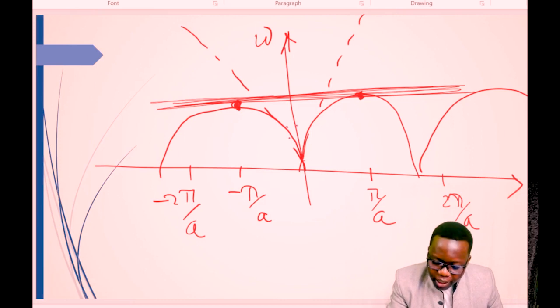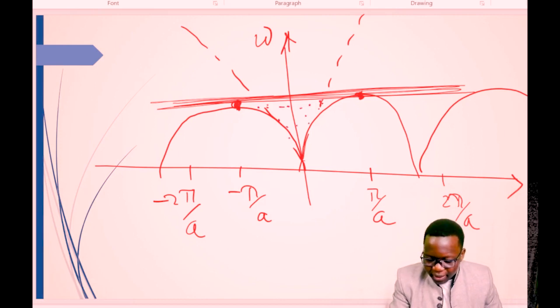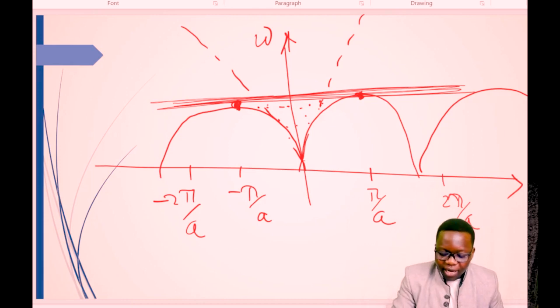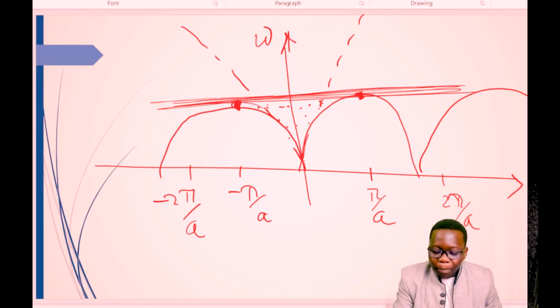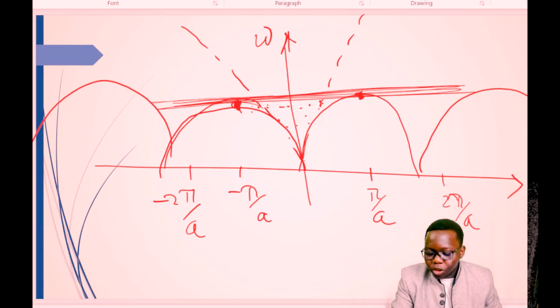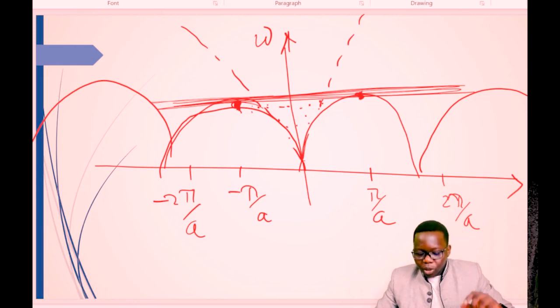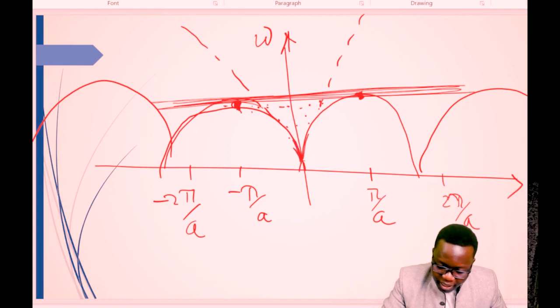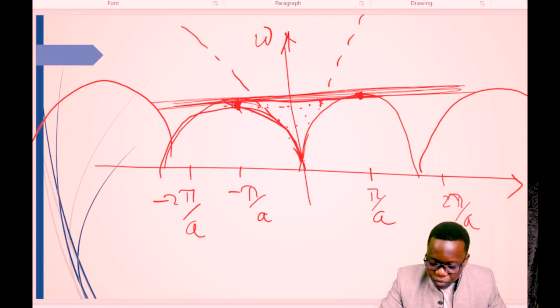All points along the k space that don't cross that line fall under what we call the Brillouin zone. So this is our first. Past this one we have the second, and we would continue to have them as many as possible, but we are limiting ourselves to only this region. So our study is going to be based on only this region.